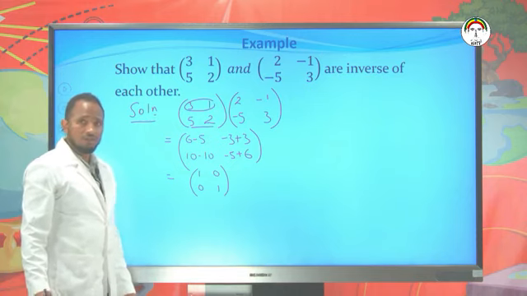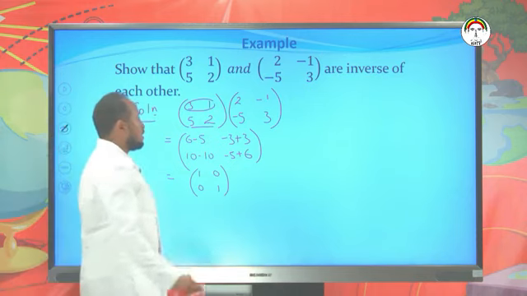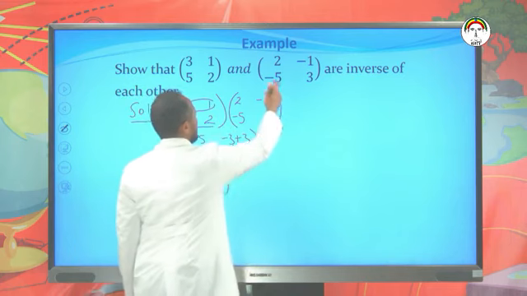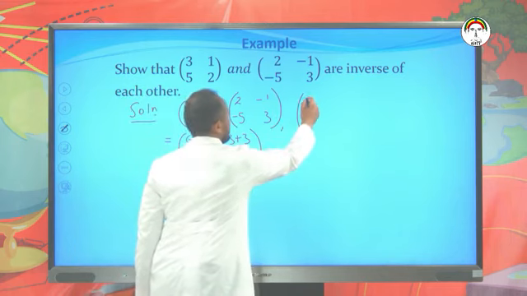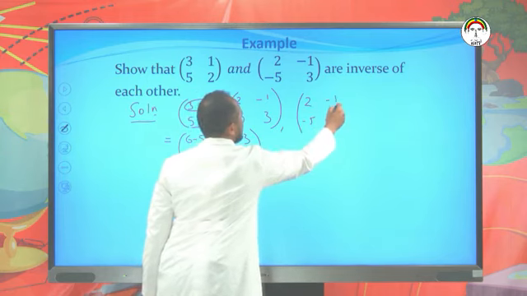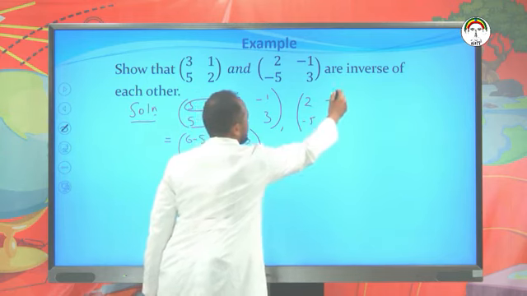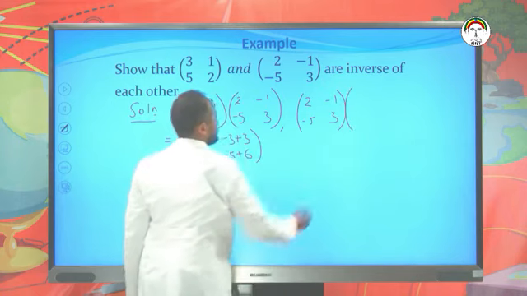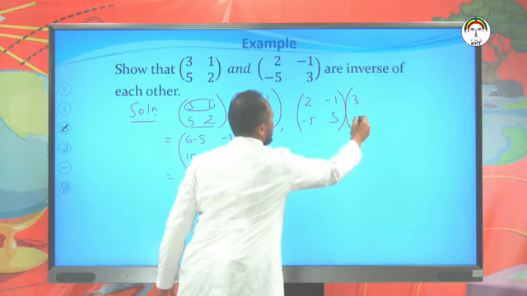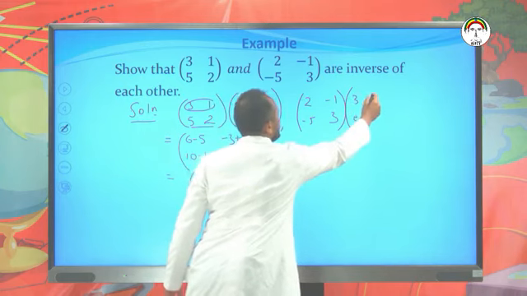Not only this, you can also check by changing the order of these two. So 2, minus 5, and minus 1, 3, times the second matrix 3, 5, 1, 2.